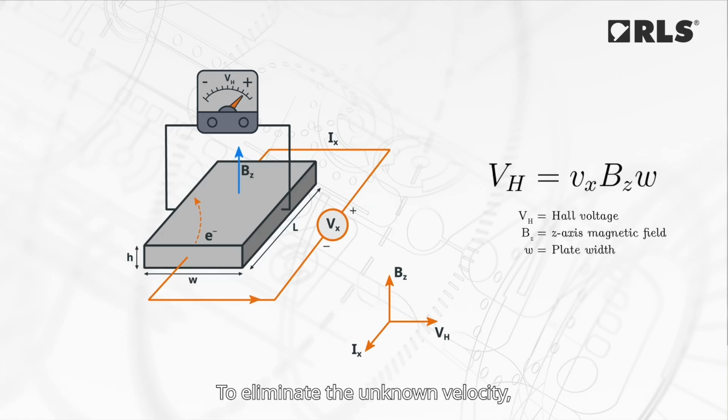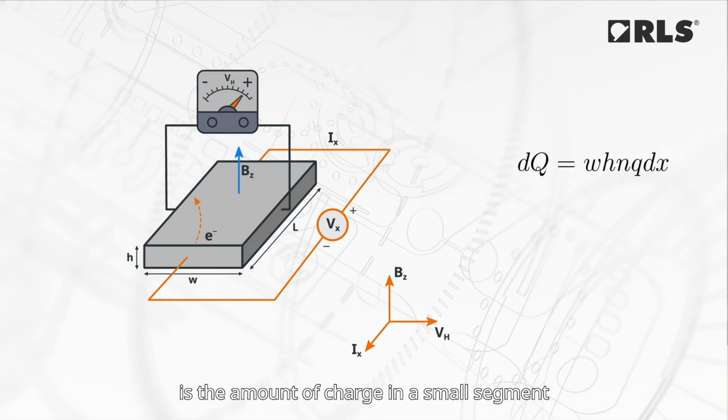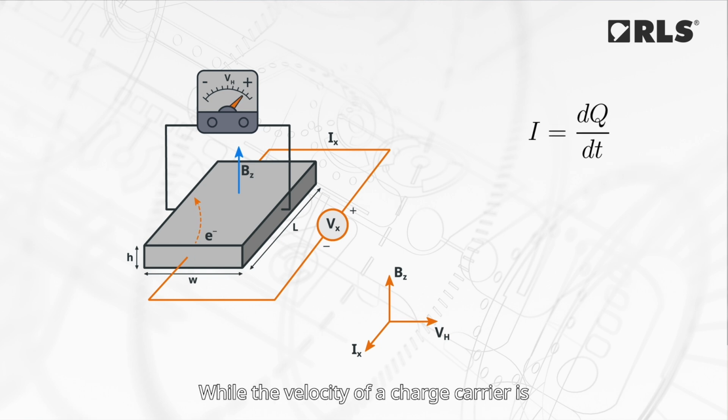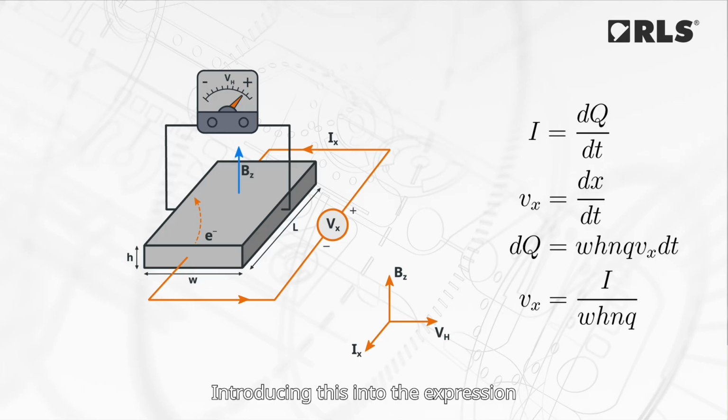To eliminate the unknown velocity, we use its relation to current, where dq is amount of charge in a small segment, where n is charge concentration and q is elementary charge, while velocity of a charge carrier is getting and expressing velocity.